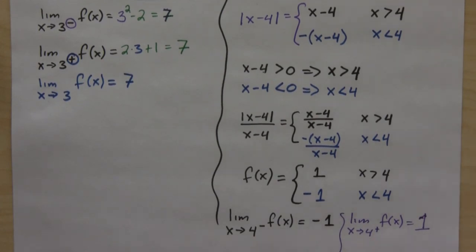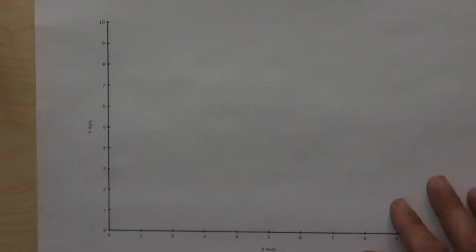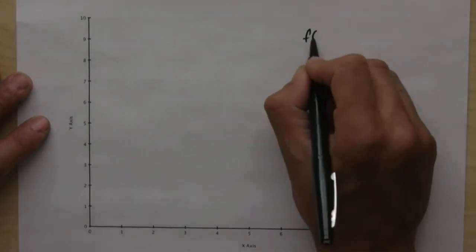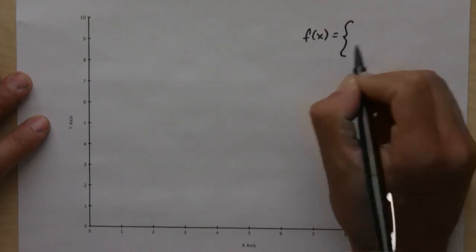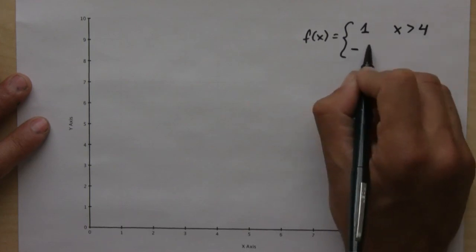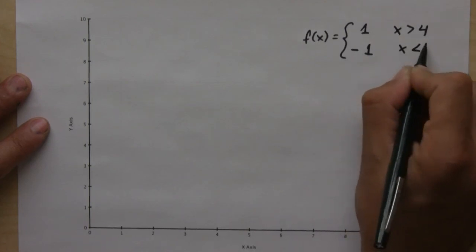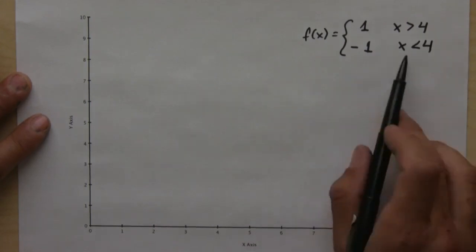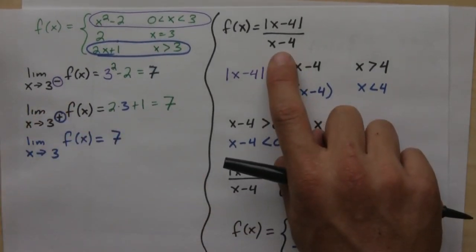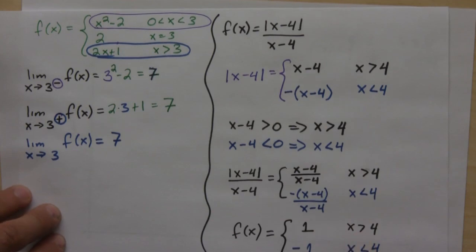Okay, now if we try to graph this guy, this guy, we said earlier, is 1 when x is greater than 4, and negative 1 when x is less than 4. So now notice that x can't equal 4 in this case, because 4 would make this function undefined. So that's why we don't have it equaling 4 in either of these.